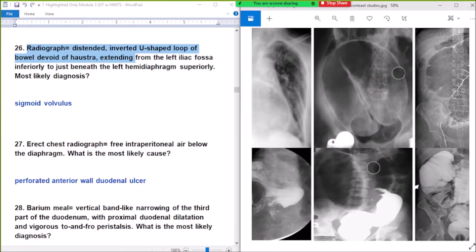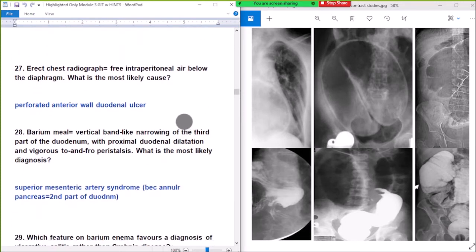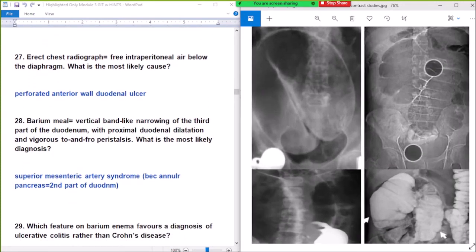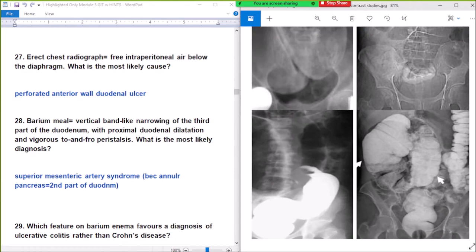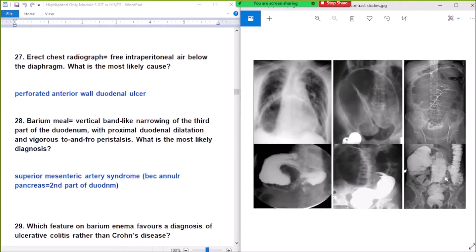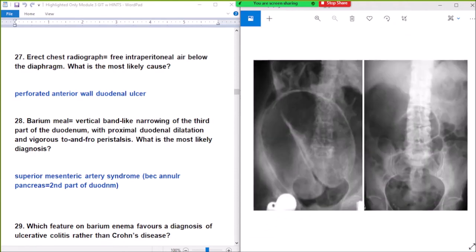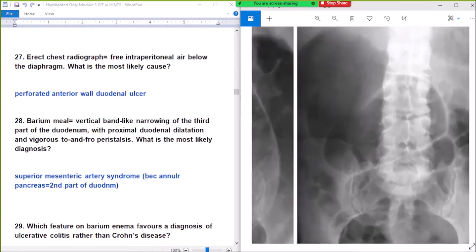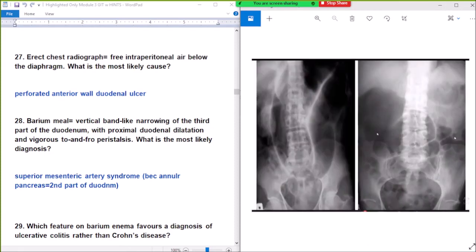Radiograph shows inverted U shape of the bowel, devoid of haustra, extending from the left iliac fossa inferiorly to just beneath the left hemidiaphragm superiorly, most likely diagnosis sigmoid volvulus. Also you can say coffee bean sign. With the haustra visible, it is fecal volvulus.